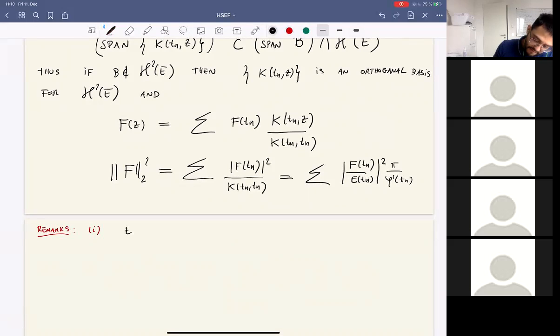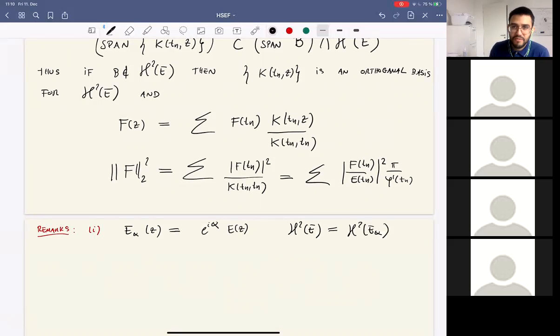So if I define E_alpha(z) as e^{i alpha} E(z), where alpha is some real number, then of course the space, I'm just multiplying by a complex number of norm 1, so I don't change anything in the definition of the space. So they are equal and isometric, and it's exactly the same space.